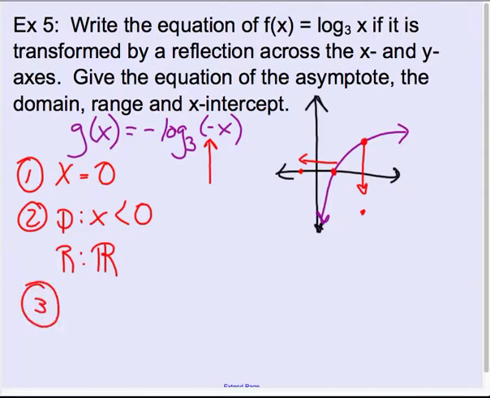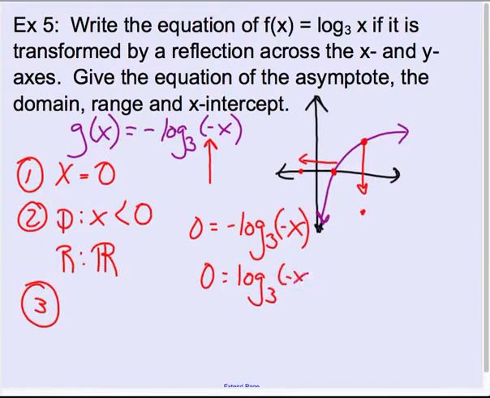And finally, our x-intercept occurs when y equals 0, so setting y equal to our function, multiplying both sides by a negative, using our log law, 3 to the 0 power. 3 to the 0 power is 1, so x would be negative 1.